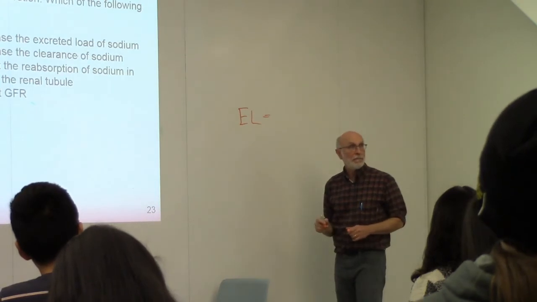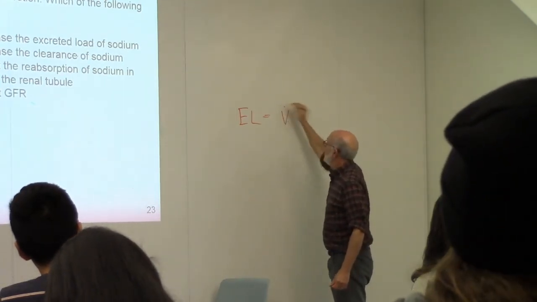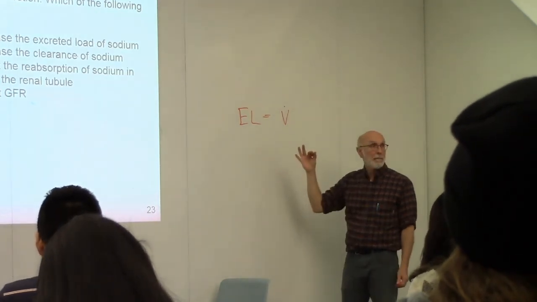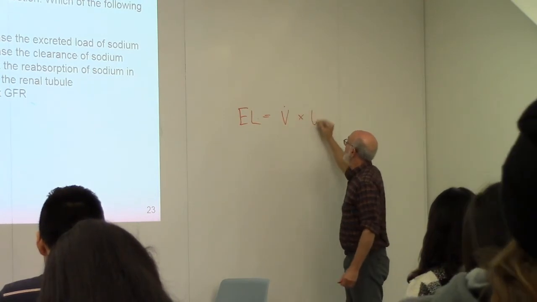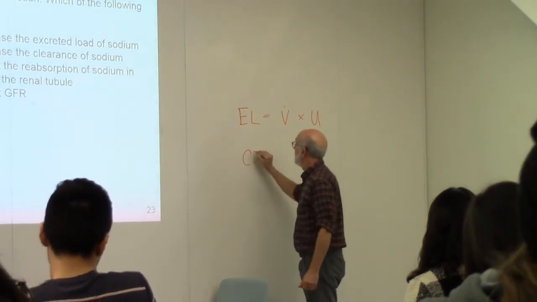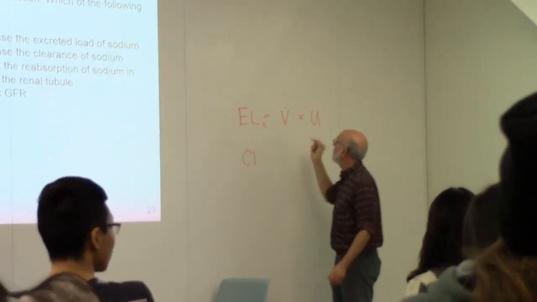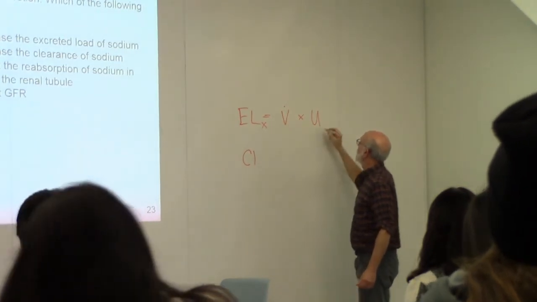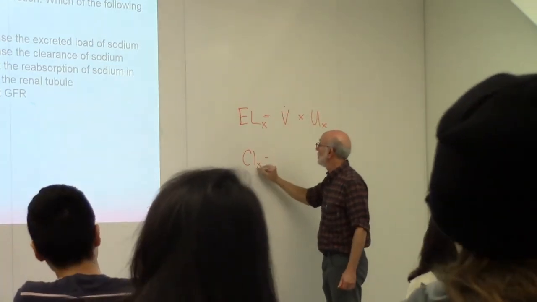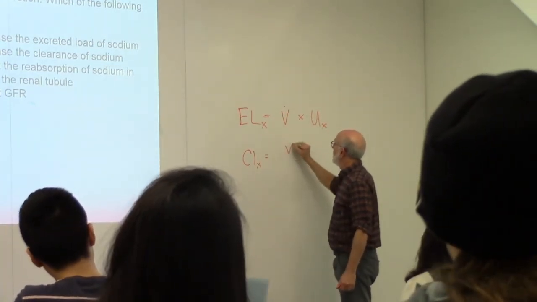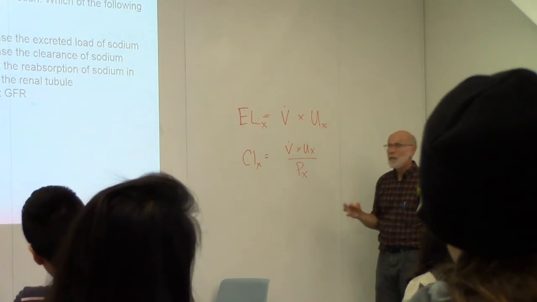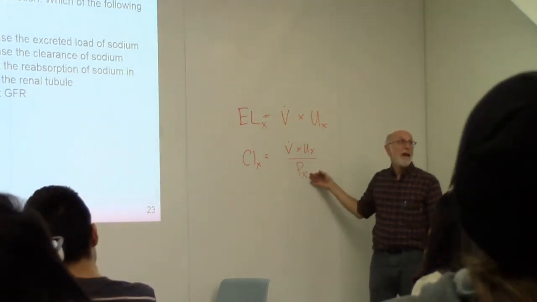The excreted load is the rate of production of urine, that's a rate, mils per minute, times the urine concentration of that stuff. So excreted load of something is the urinary fluid production times the concentration of that something in urine. The clearance of something is equal to, so conceptually, clearance is excreted load divided by the plasma concentration.